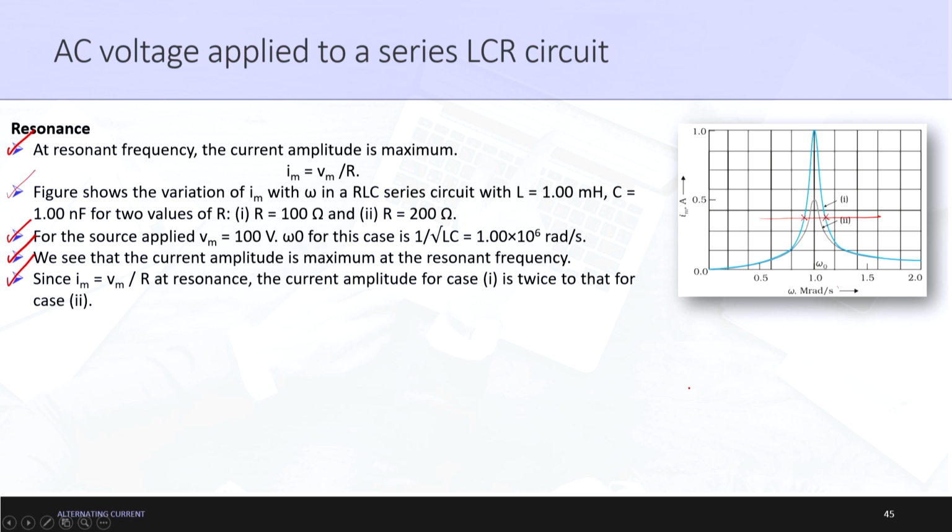Apart from omega naught, wherever I make a horizontal line, every time I get two different values of omega. Let us try to understand more about these two values.